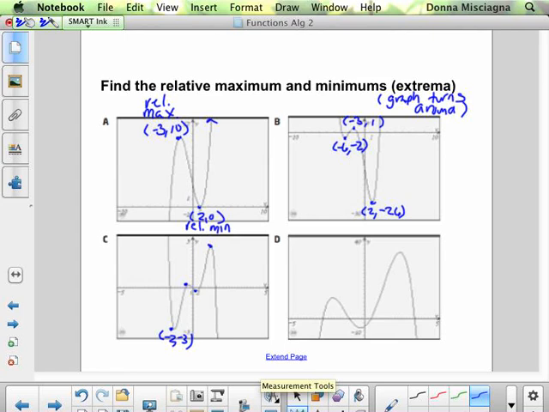This one here, boy, this graph really leaves a lot to be desired. That looks like maybe a half, right? Because this is 5, so that's maybe a half. So let's call that -1, 1/2. Let me write that better.